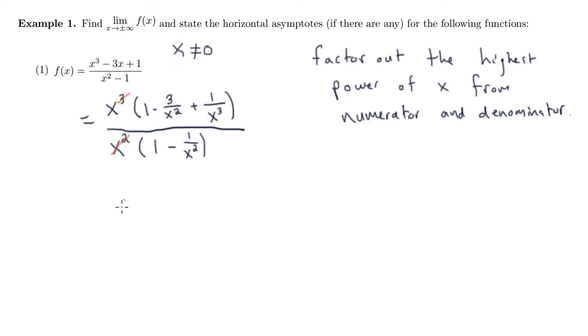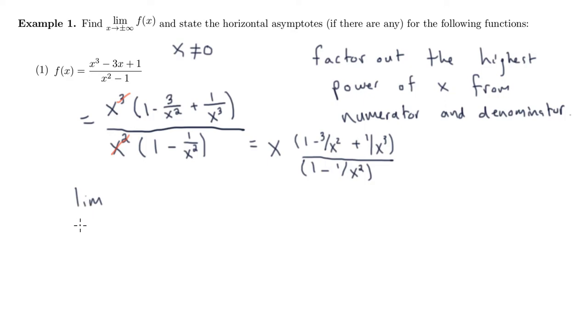So if I want to take the limit, in other words, let me simplify this down. This is just going to be x times 1 minus 3 over x squared plus 1 over x cubed over 1 minus 1 over x squared.